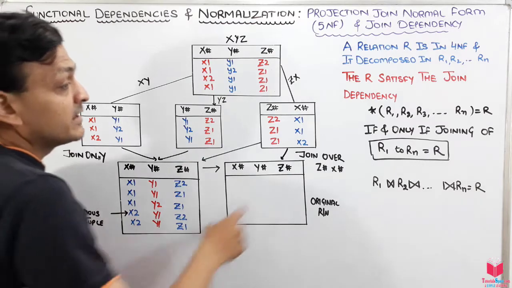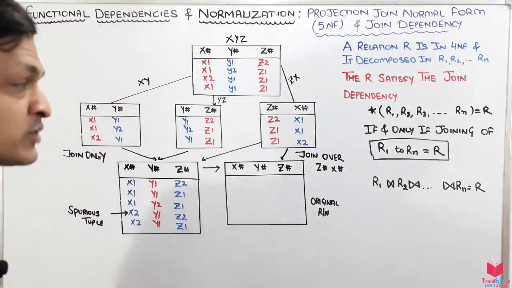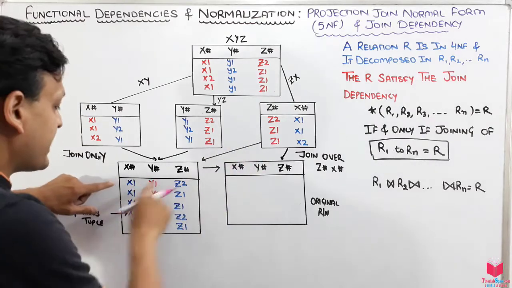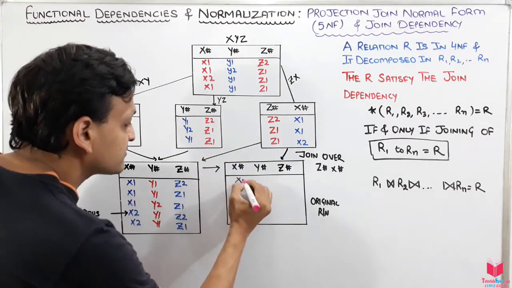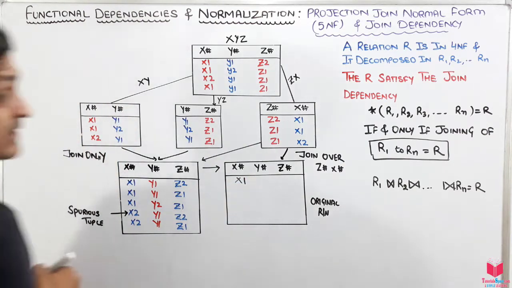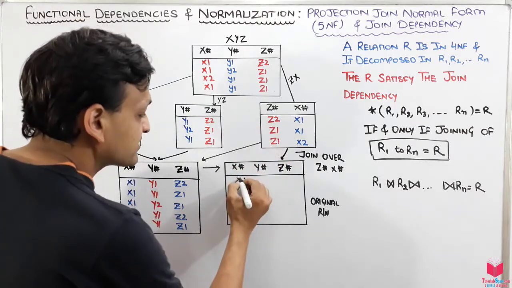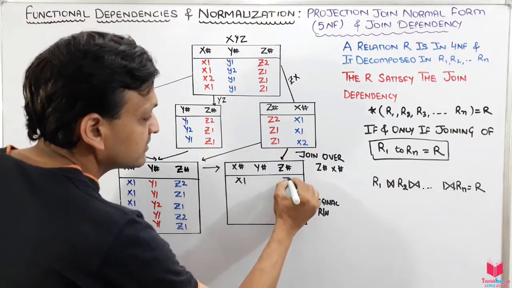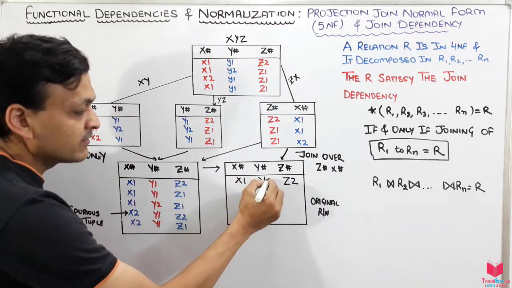So see, here is x1 and z2. We will see both values. Where do these two values both exist? x1 z2, x1 z2, so we will take this one. Remember we have to consider both values, x1 z1 and x1 z2. x1 z2 is here, so we will take y1.